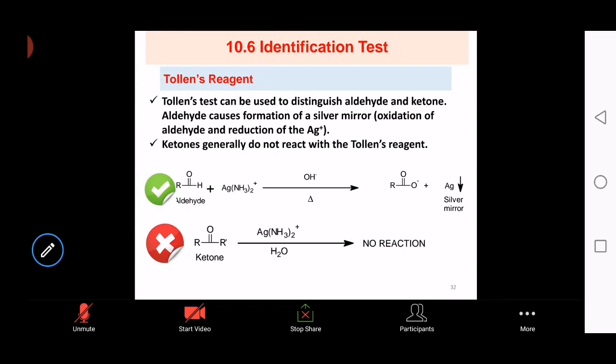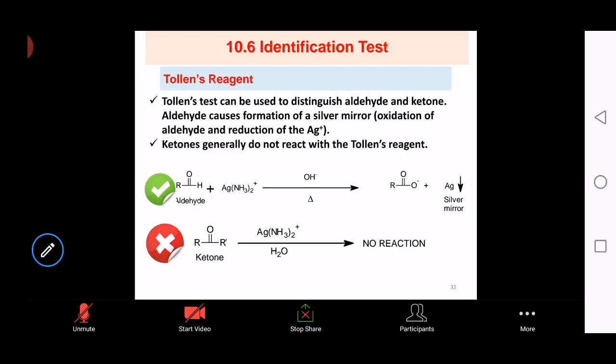Okay, macam mana kita boleh differentiate? Dia kata aldehyde causes formation of a silver mirror, oxidation of aldehyde and reduction of the silver ion. Sebab bila kita guna Tollens' reagent, react dengan aldehyde, oxidation akan berlaku.